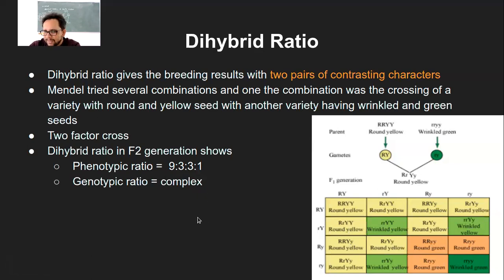Genotypic ratio is complex, because if you look at this box, you can only find one of these, right? So that means 1. You can find capital R, small r, and YY, 2. Then these ones, if you see, RR, Yy, that is capital Y and small y, these are again 2.